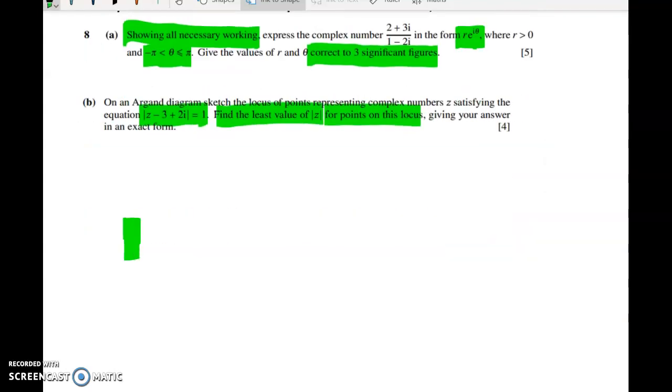We've got z, oops, where's my pen gone? So z is equal to 2 plus 3i over 1 minus 2i. Now there are a couple of ways to find the modulus and the argument, but I think the easiest one here is to multiply top and bottom by the conjugate and clean that up first.